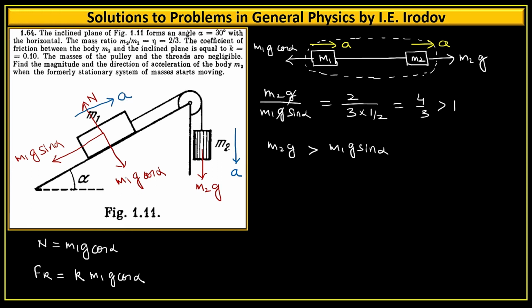And once that is decided that m1 is going up the incline, the direction of kinetic friction on m1 will be in the downward direction like this. So kinetic friction between m1 and inclined plane is fk, and that is k m1g cos alpha.